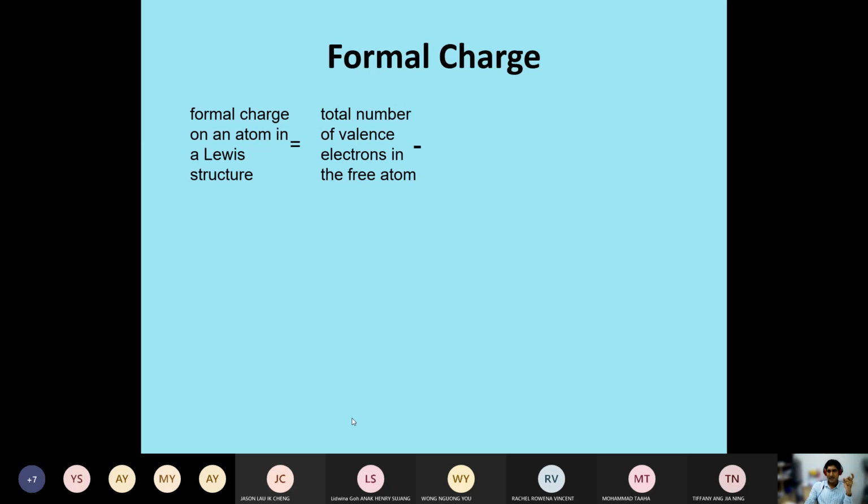Formal charge is actually how much charge that atom is experiencing because of the electron differences around it.